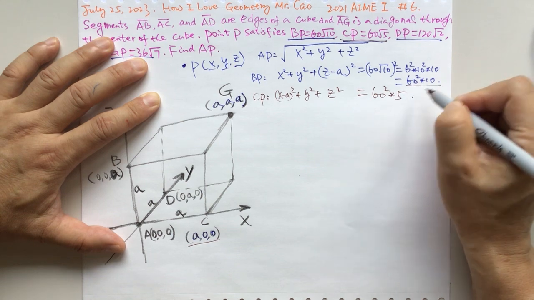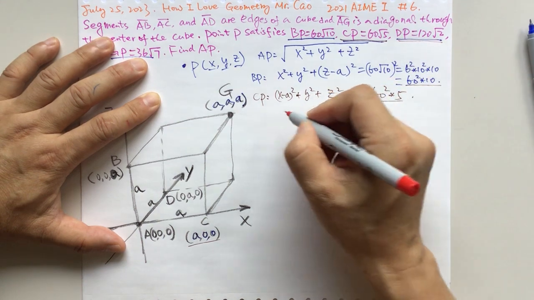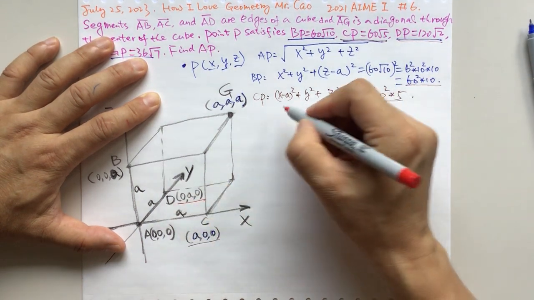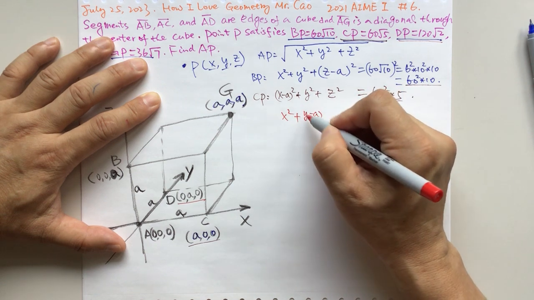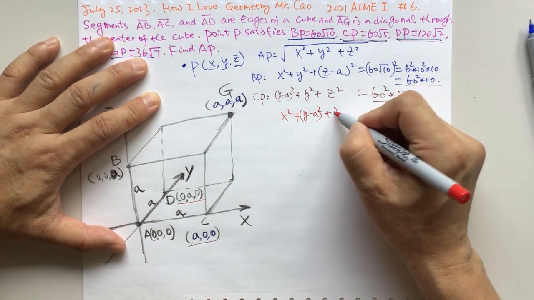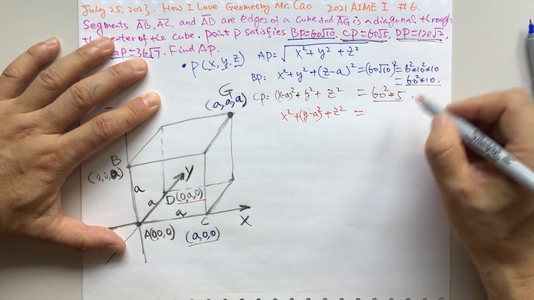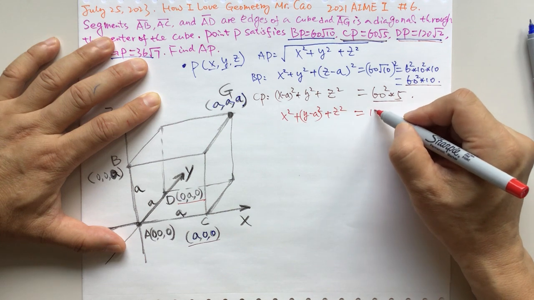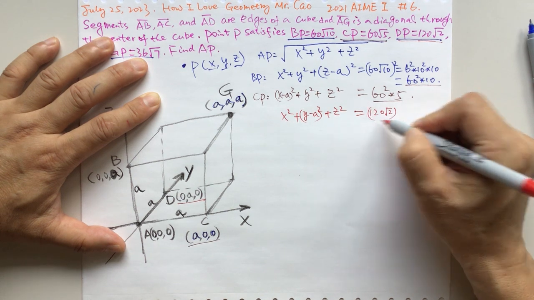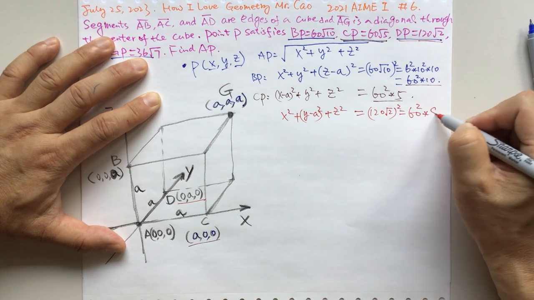Then for DP, we get x squared plus (y minus a) squared plus z squared equals 120 squared... which is 60 squared times 8, right?